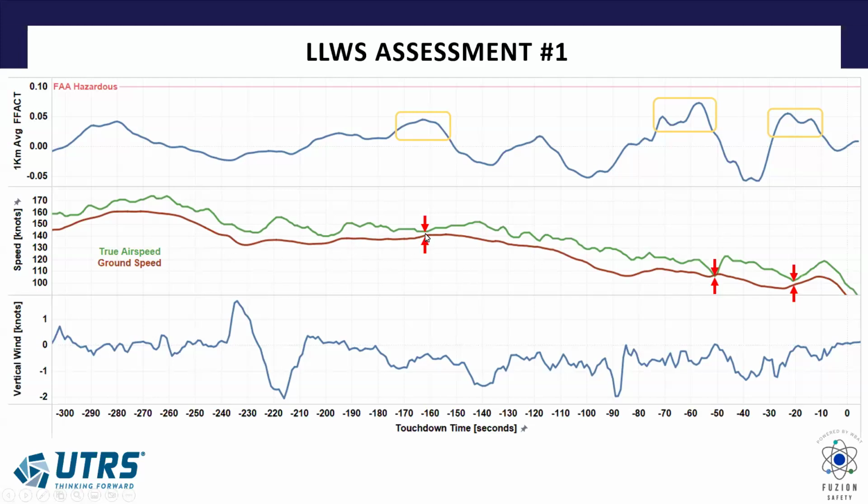And you can see how it kind of wasps down, gets skinny. This one, actually, the true airspeed dropped below the ground speed. So that's a tailwind momentarily. And lo and behold, that condition is causing that F factor to rise up. And this is a 1 kilometer average of that F factor number.